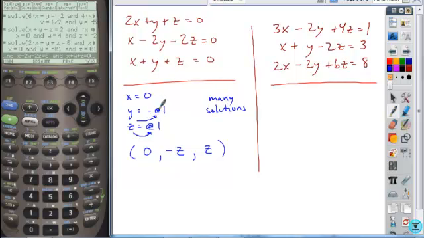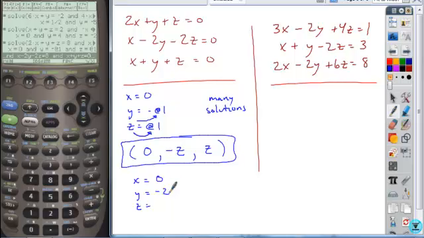So y is negative z. z is just z itself. And then x is going to be our 0. So this would be our set. If we wrote it by identifying each individual piece, we'd say x is 0, y is negative z, and z you just answer as itself, as z.